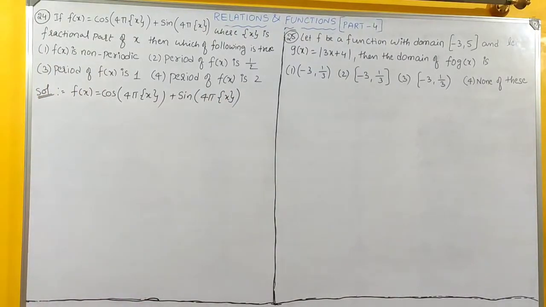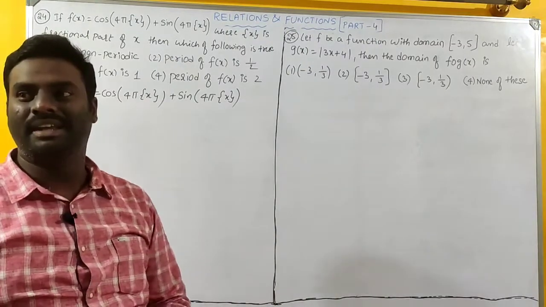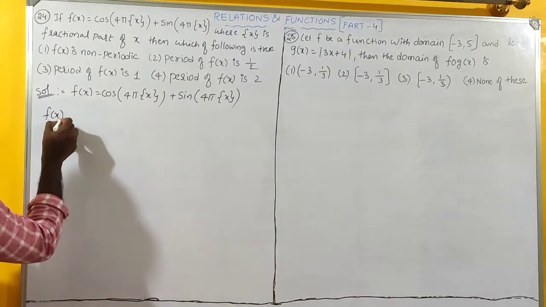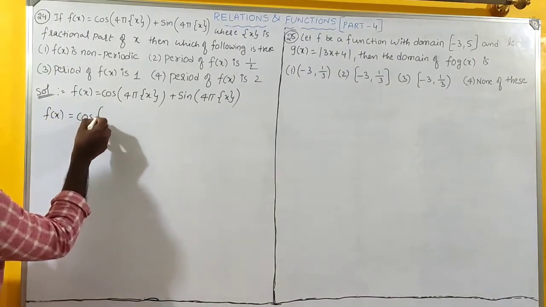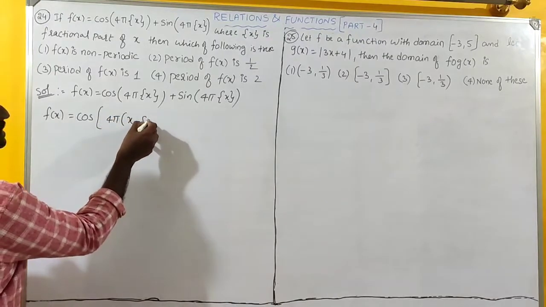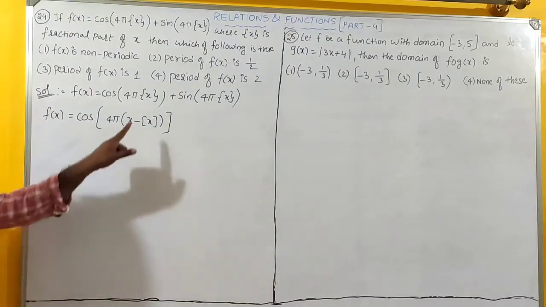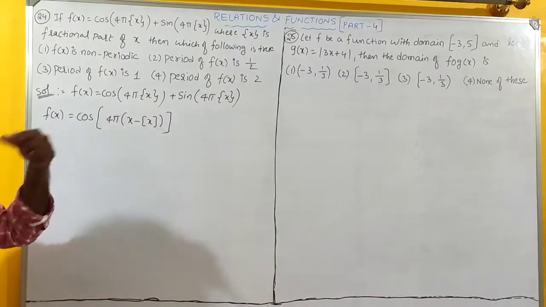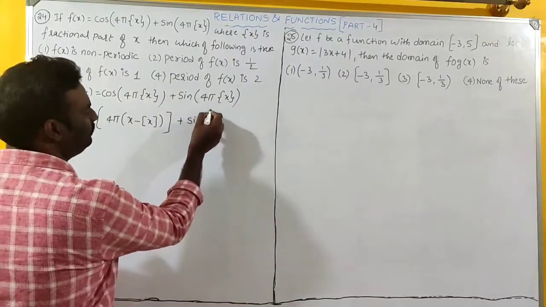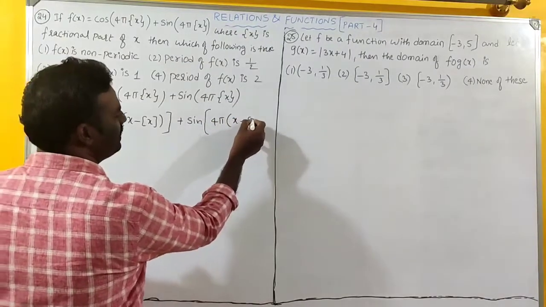Just now we discussed the definition of the fractional part of x: x minus step x. That's why it can be written as cos 4 pi into x minus step x, plus sine 4 pi into x minus step x.